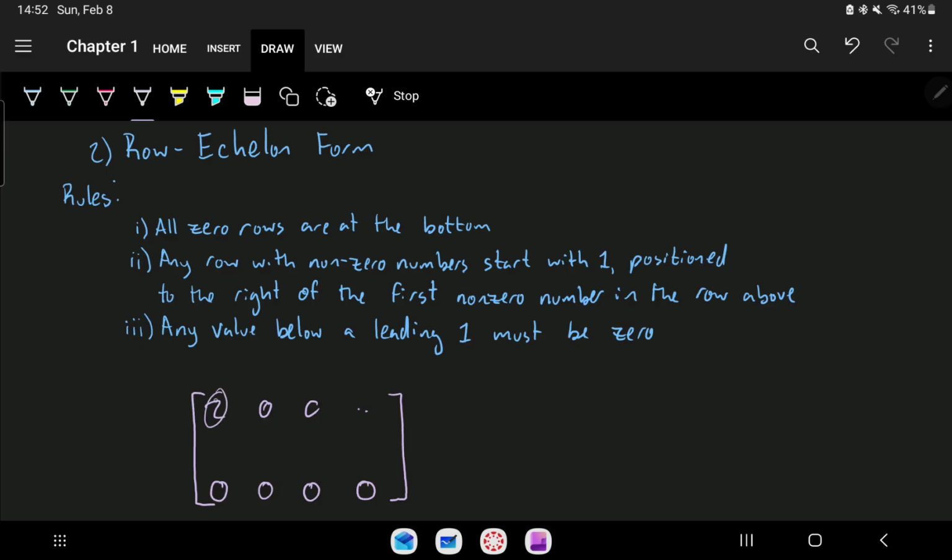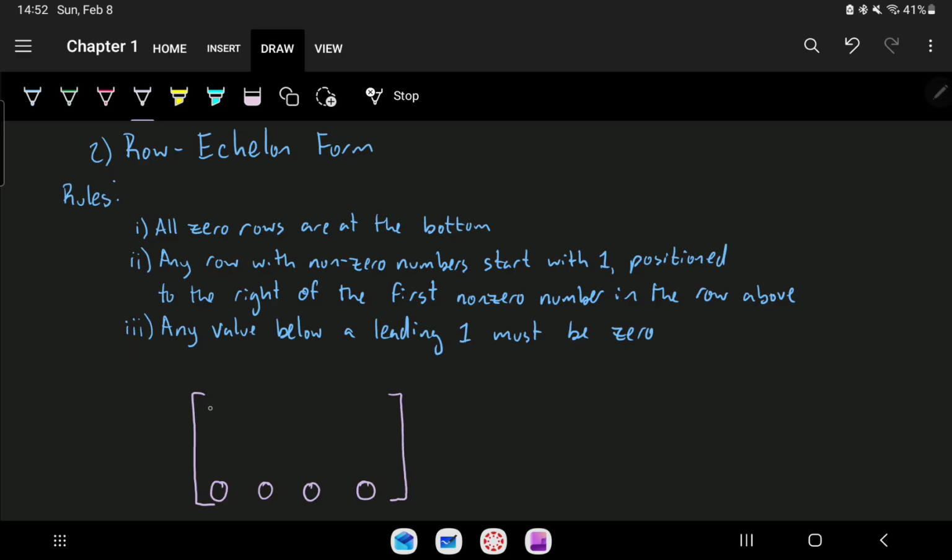This has to be a 1. And for any row with non-zero numbers, the 1 at the very beginning is going to be to the right of the first non-zero number in the row above it.